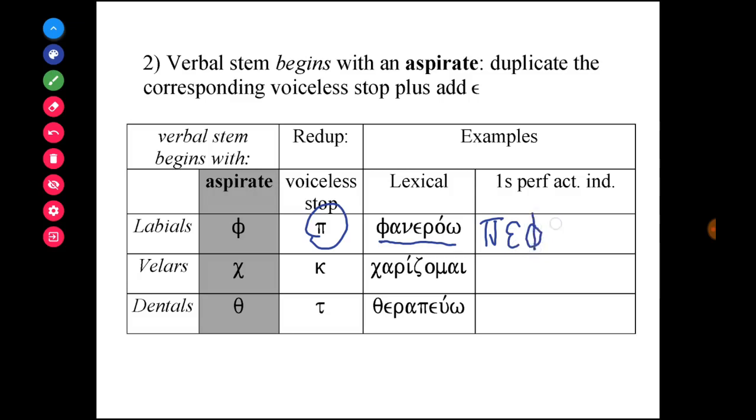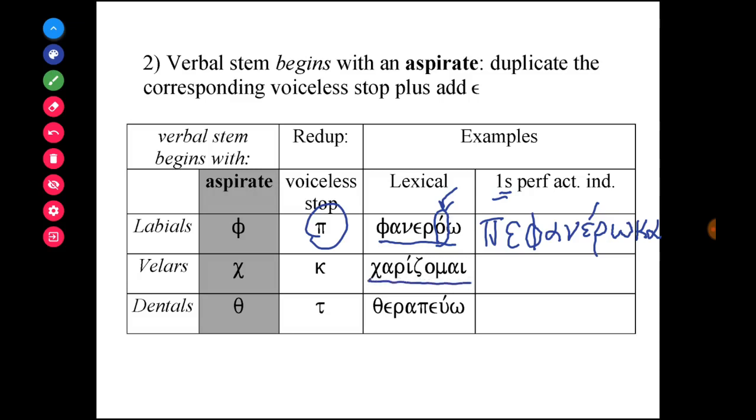Here is my stem, and because it is a contract verb, I'm going to compensatory lengthen this short vowel and then add, we're just using the first person singular forms, the form ka. So this is pephaneroka, and that's I have shown, I have displayed.